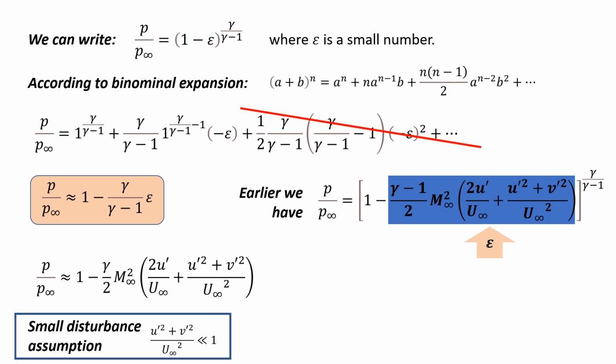And now we are using the small disturbance assumption because u prime squared plus v prime squared is far smaller than U infinity squared. So the second term in the bracket can be eliminated, and then the pressure ratio is 1 minus gamma M infinity squared times U prime divided by U infinity. So this is the final relation of pressure ratio by using the small disturbance assumption.